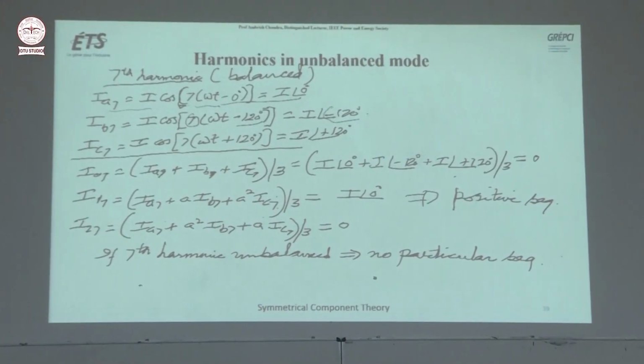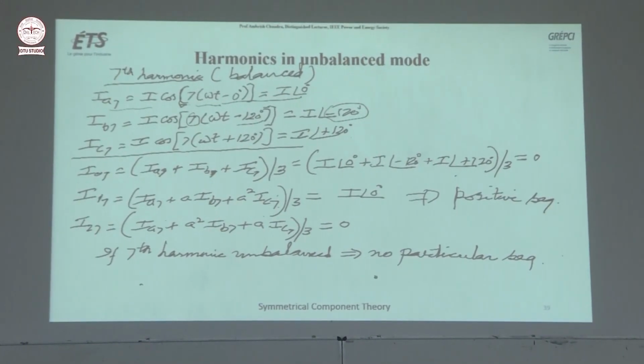So you have minus 120. Same way 7 multiplied by 120, so 6 multiplied by 120 will come out 0 degree. So you will have plus 120 degree.